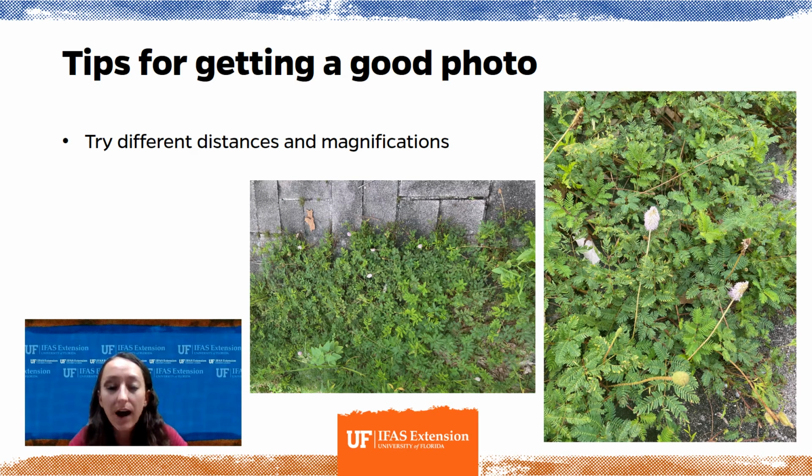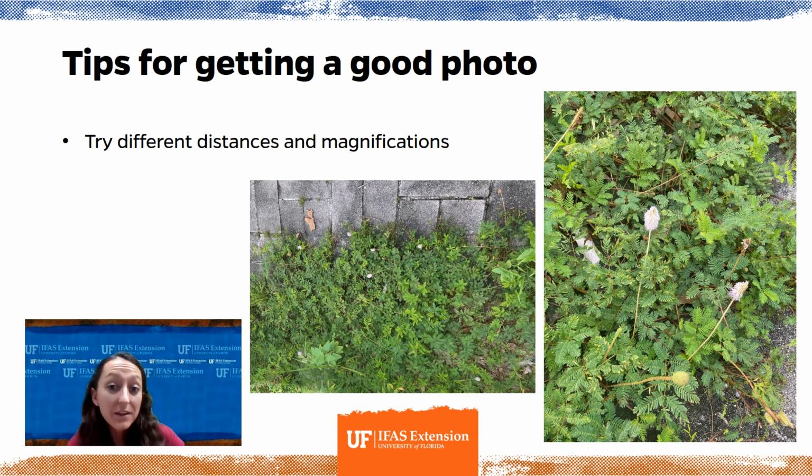So for example, I have a picture here on the left that is a faraway picture of a plant. And I can't really tell what's going on in this picture. I can maybe have a few guesses, but if we get a more close-up picture, like the picture on the right, I can really tell that this is a type of mimosa vine. And the same is true for magnification.